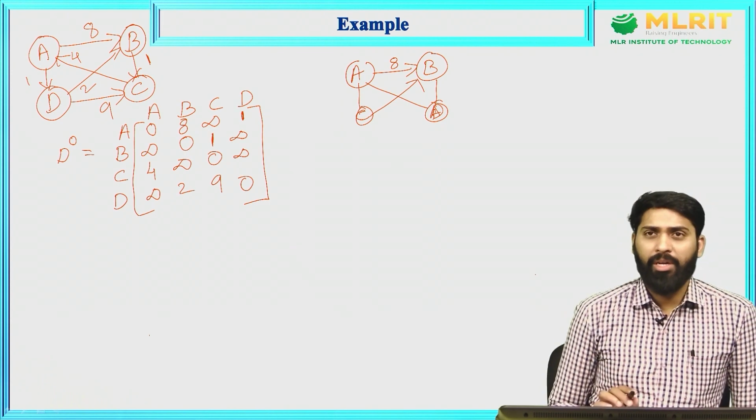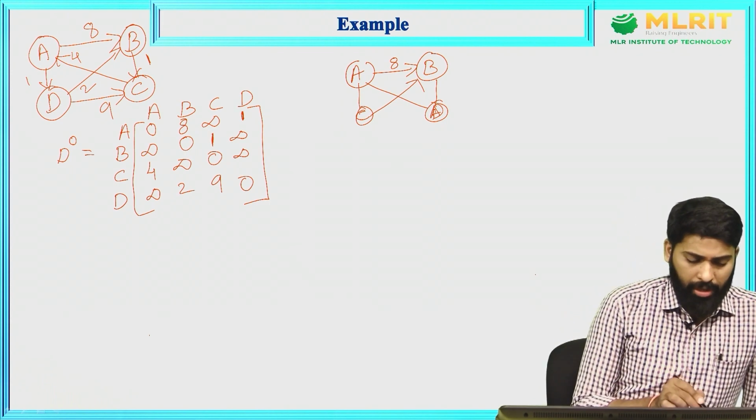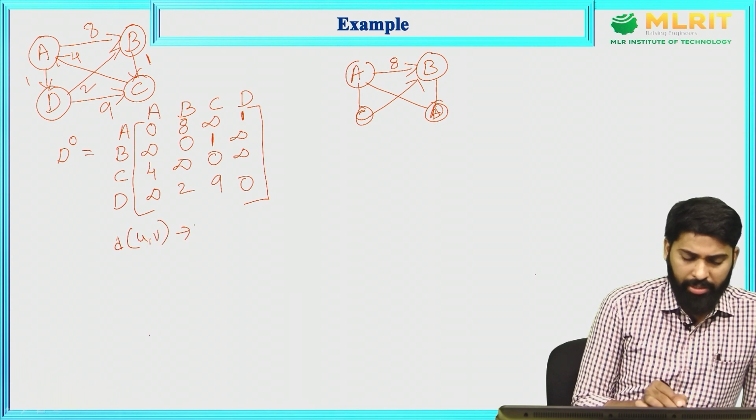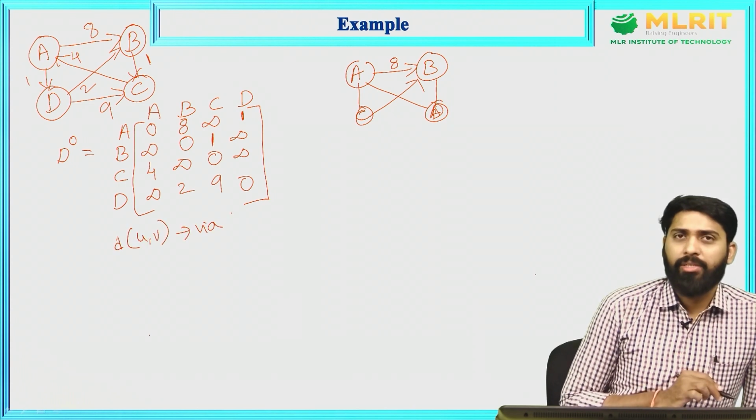The formula is, for example, I want to reach U to V via some vertex.